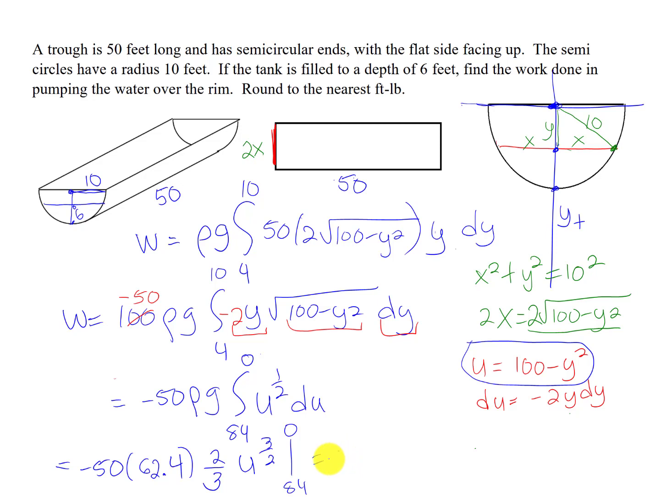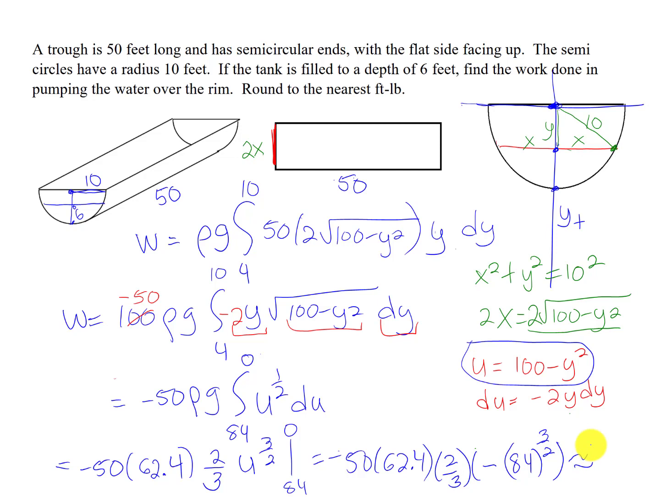All right, so that's going to be negative 50 times 62.4 times 2/3 times upper limit is 0, and then minus, we're going to have 84 to the 3/2, and so we want to round that to the nearest foot-pound.